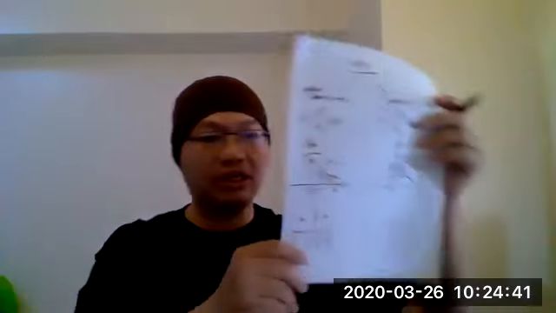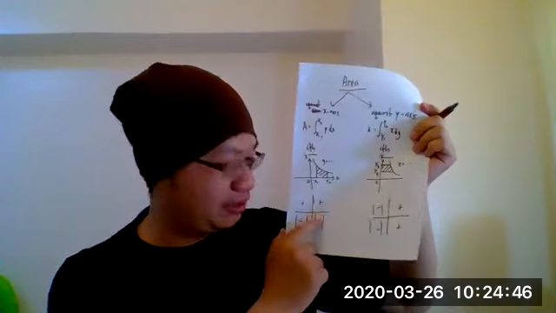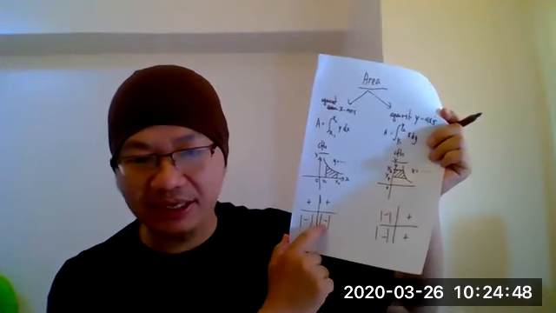The first area is located on top of the x-axis, which is on the first quadrant. The A2 is located on the fourth quadrant. So they have two different characters there. According to the rules of area, the first quadrant is positive, but the fourth quadrant gives a negative answer.